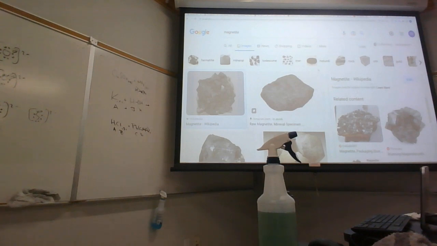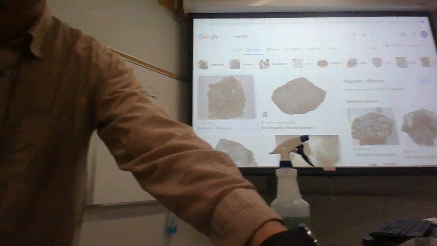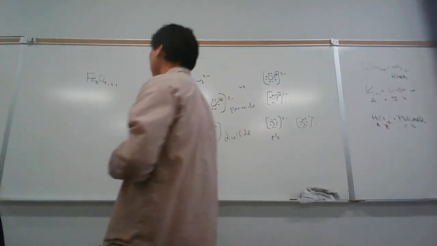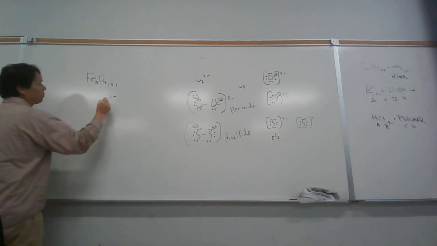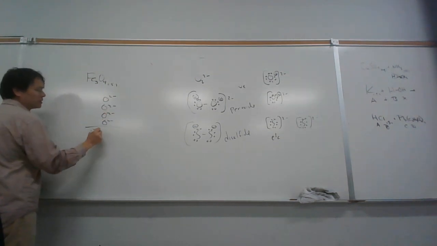Okay, this is not peroxide. You know what this is? These are 4 oxides. If those are 4 oxides, what's the charge on iron? If I have 4 oxides, do you remember doing this? Each oxide's -2, and that's going to give us -8.